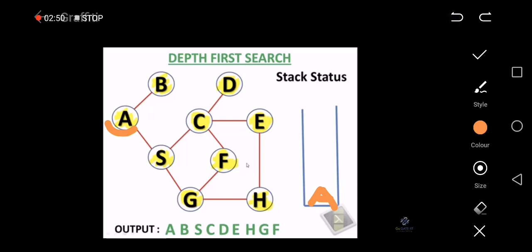So now we will go back to point A. Since we have gone through vertex B, we will go to the next point that is adjacent to A, that is S. So we put S here, and then we also put the output S here.